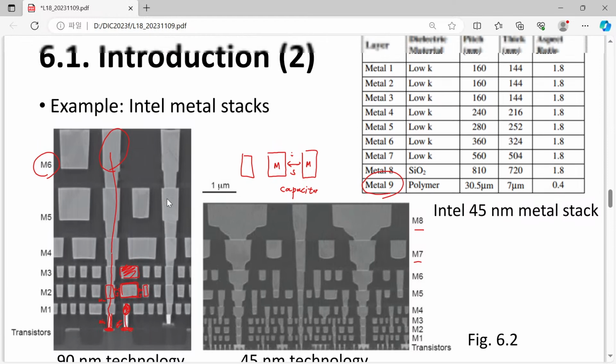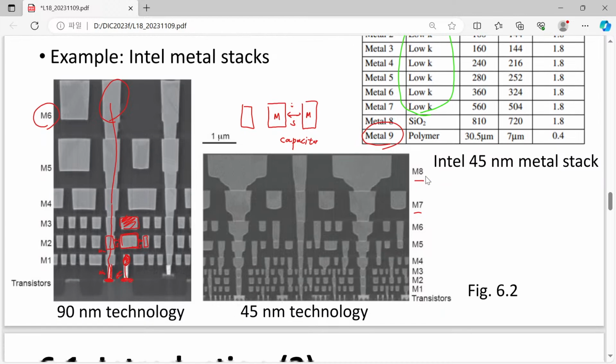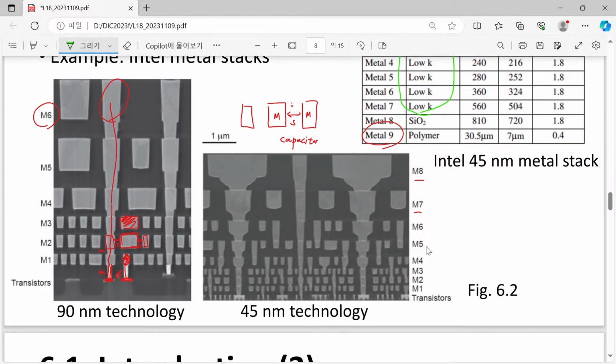And please have a look at this one also. And what is this? Low K. What is the meaning of low K here? It is saying that this relatively dark region here, there, you may find so many dark regions.